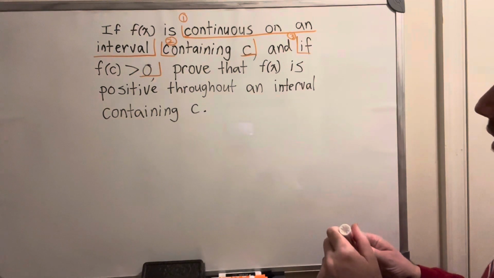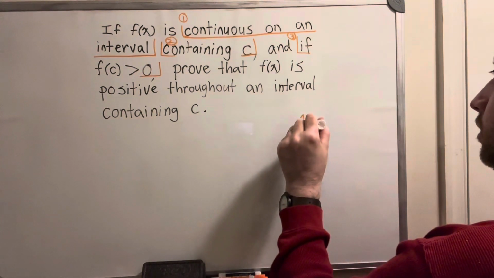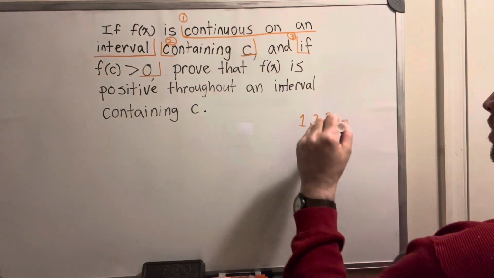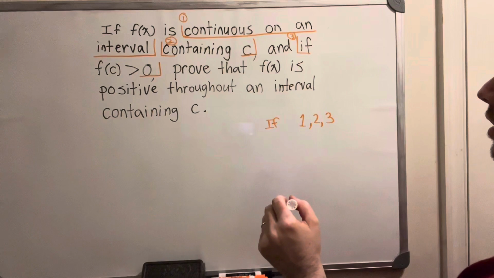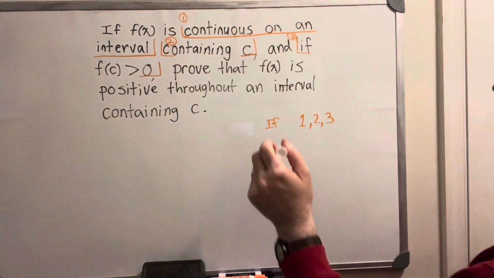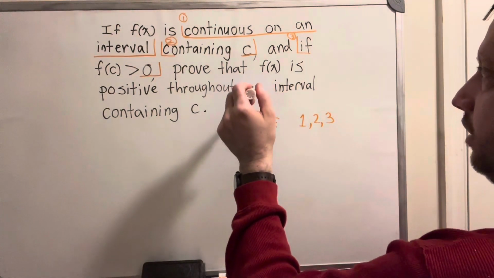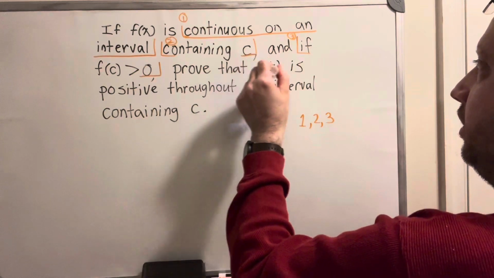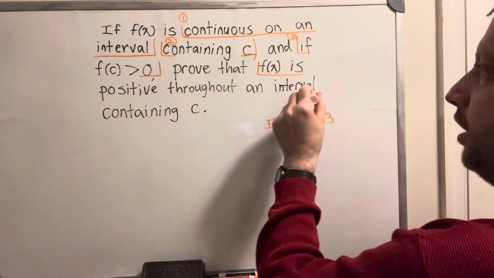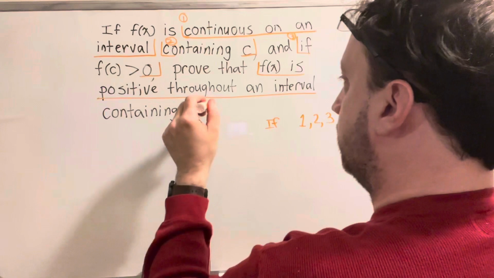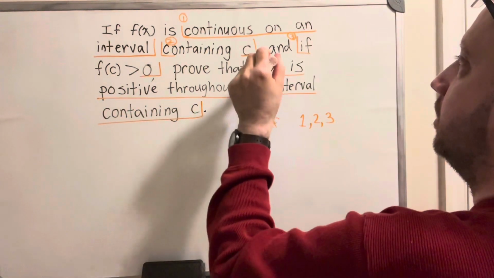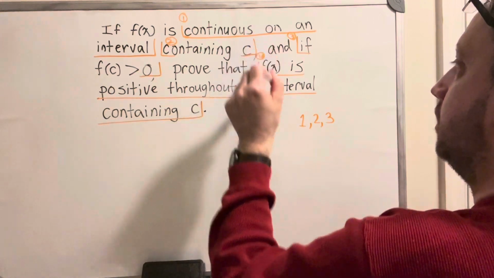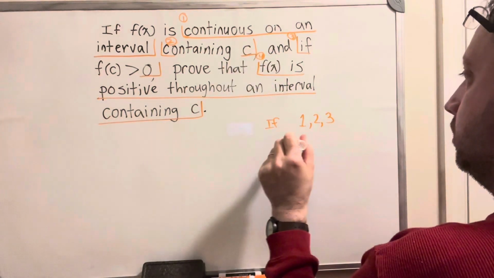So these are the if, and this is one big thing: f of x is positive throughout an interval containing c. That's 4.